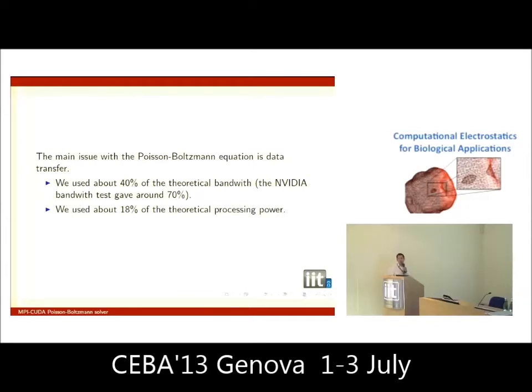We achieved 40%, which is not bad. Because using the NVIDIA bandwidth test, the card is only passing data, you get about 70. But we are not only passing data, we are making calculations, etc. So I think the algorithm was pretty well done.